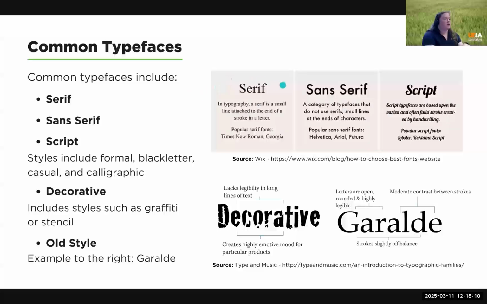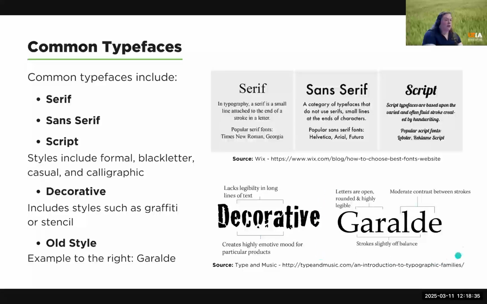And sans serif literally means without serif. So a sans serif font is missing the tail, and you can sort of see the difference here. And then we've got script fonts, so those would be any sort of cursive or calligraphy type fonts. Then there's decorative and old style.